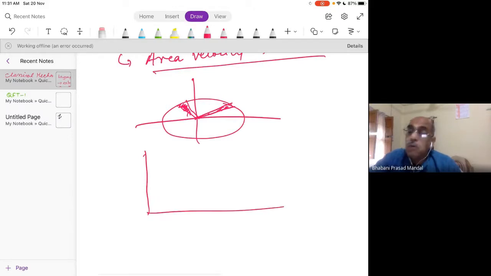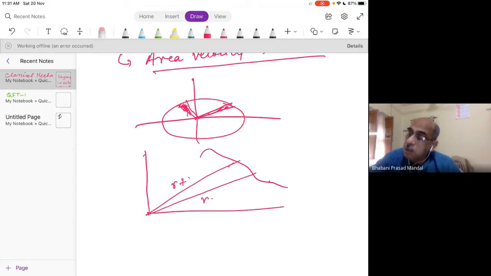Okay, so suppose a particle moves along a curve like this. Let us draw some position vectors. Say this is r, this is r plus dr, over a small time interval, and this angle is d theta.